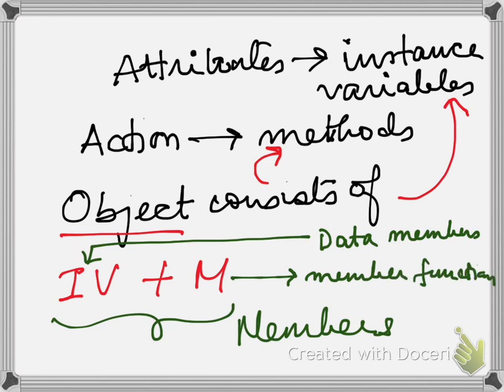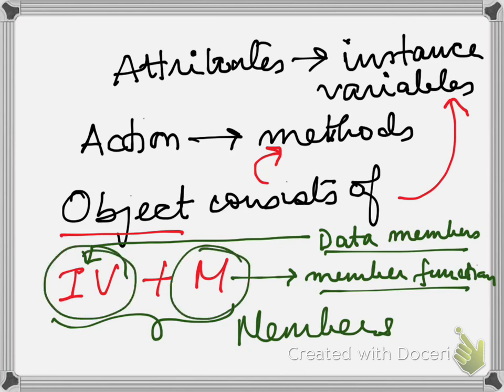So if you have already done a course in C++, then you will be able to relate. You have data members and member functions. Here in the case of Java, these are called instance variables and methods. So an object consists of instance variables and methods.